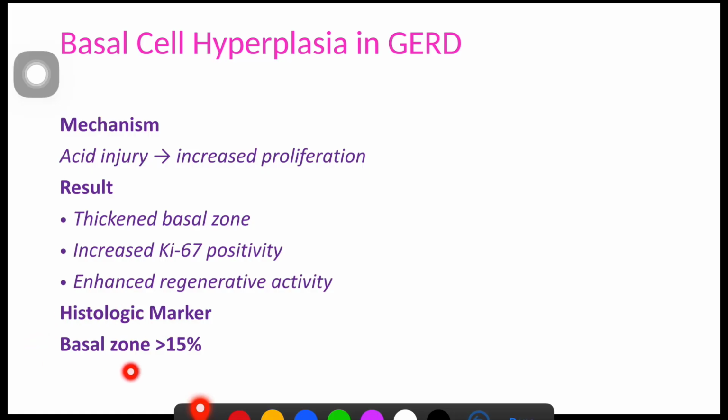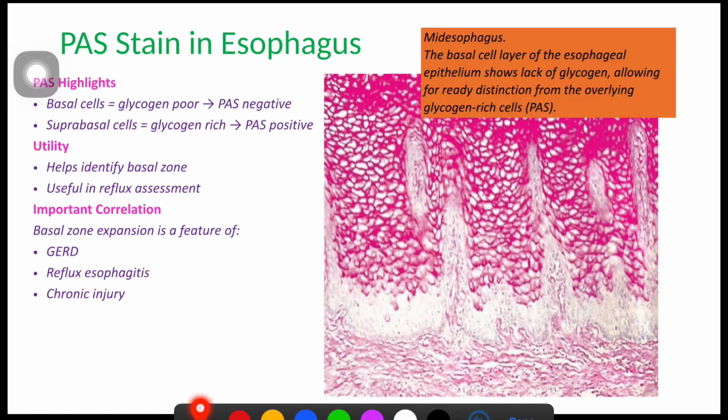Histologically, you will find the basal zone increased to more than 15%. This is the basal zone. Whenever we see its thickness increased, it suggests an injury to the epithelium.